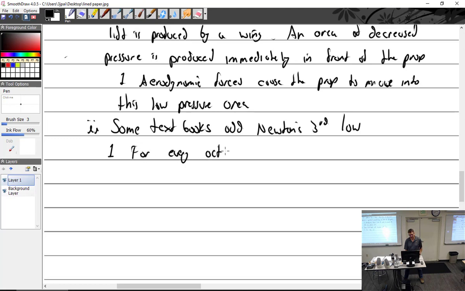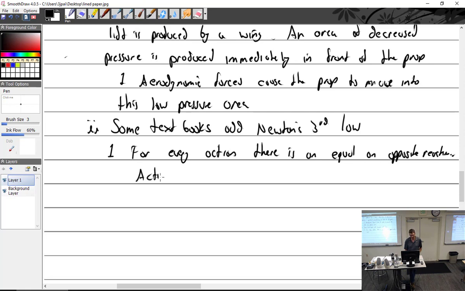For every action, there is an equal and opposite reaction. The two are directed along the same straight line. So what do we have?